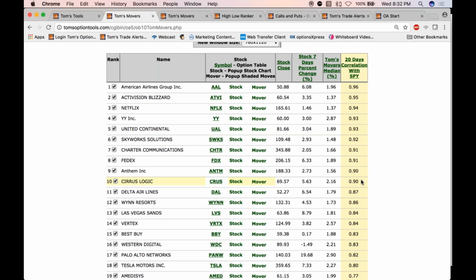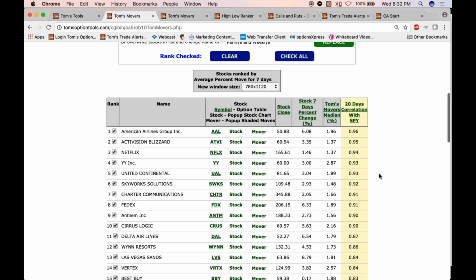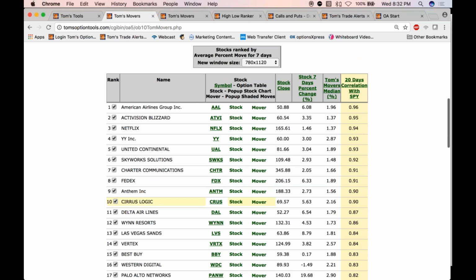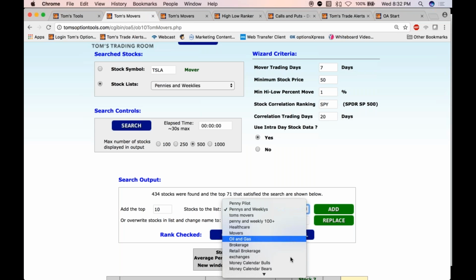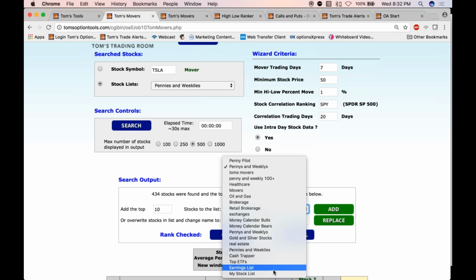Now, I'm going to jump ahead because I want to kind of show you something really quickly. We're going to learn it eventually, but I'm going to show you just how fast I'm talking about here. Let's take our top 10, all right, that are above 90% correlated, our top 10 movers and shakers. I'm going to type in the number 10 here, and I'm going to save that into my stock list.